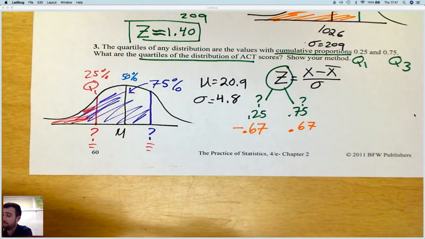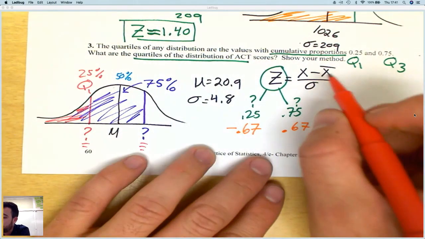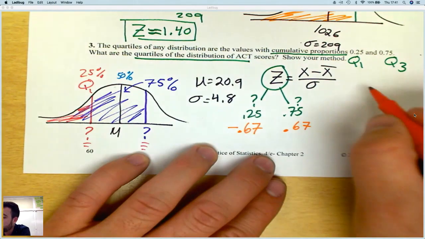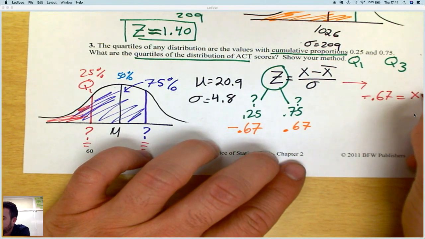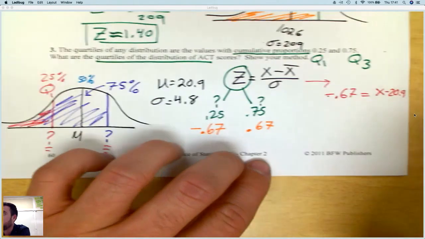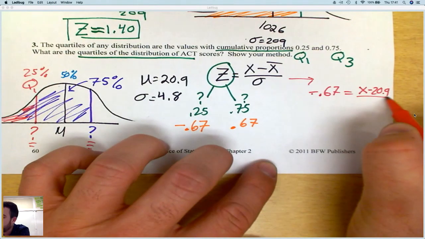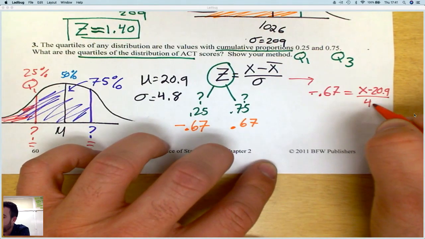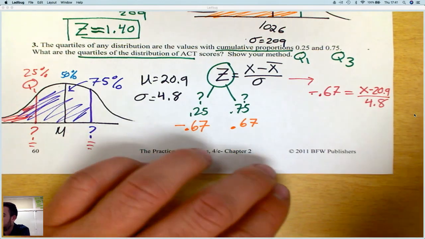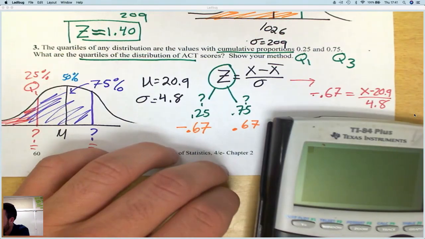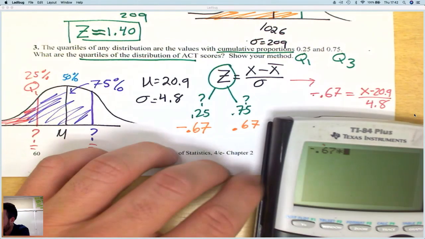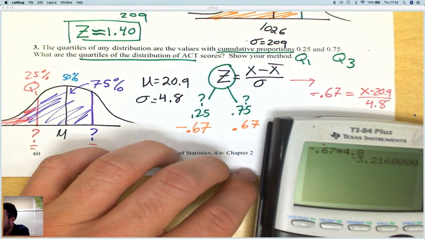So now we've got to find the data point that's associated with those. Let's do the negative one first. I don't know the data point, but I do know the average, divided by 4.8. And again, I'm going to multiply both sides by 4.8, just to save us a little bit of time, and then add 20.9.